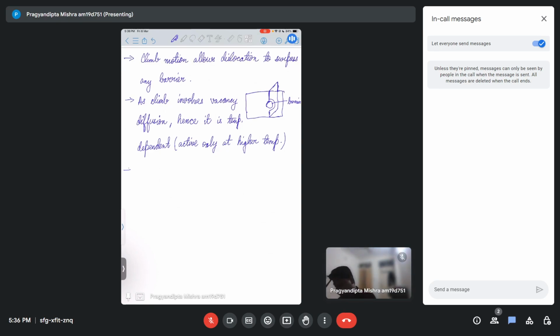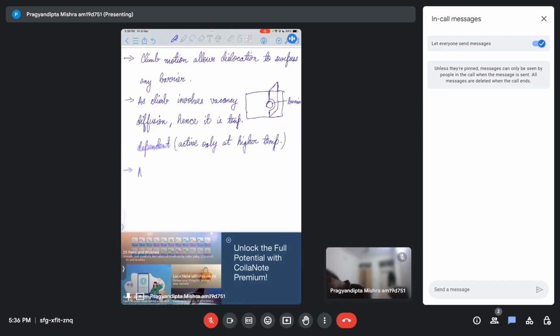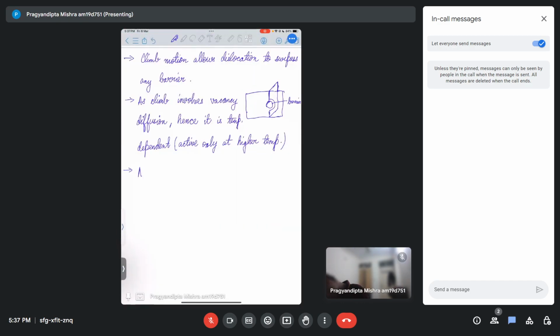And the barrier that we are talking about is a function of the activation energy. There is a concept known as activation energy that gives the minimum barrier, or the resistance, for entry. This activation energy is a vacancy diffusion value.